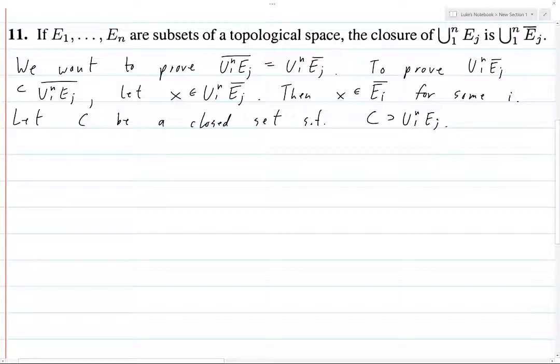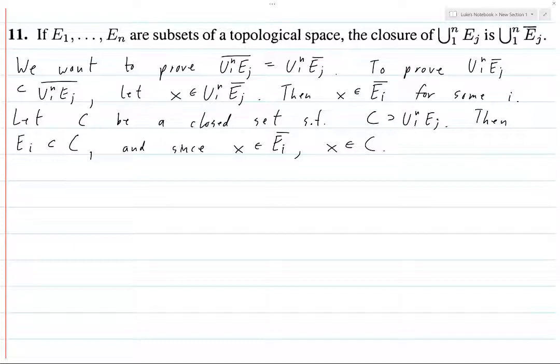What we want to prove is that X is in C. Okay, so if C contains the union of the E_j's, then in particular E_i is contained in C. And since X is in E_i closure, X is in C. Because E_i closure is the intersection of all closed sets which contain the set E_i.